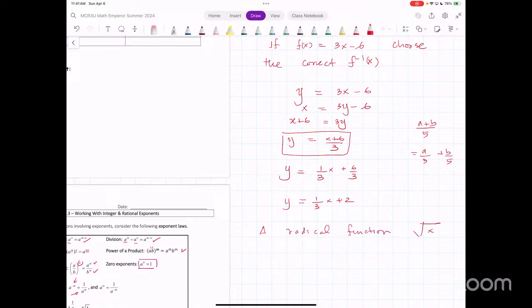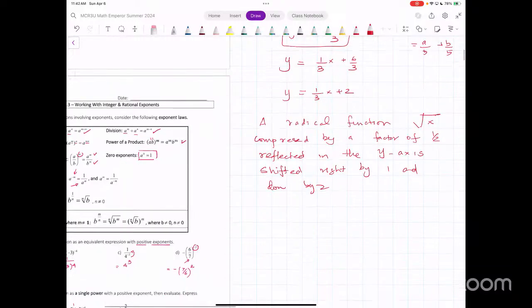The parent function has been vertically compressed by a factor of 1/2, reflected in the y-axis, and shifted right by 1 and down by 2.